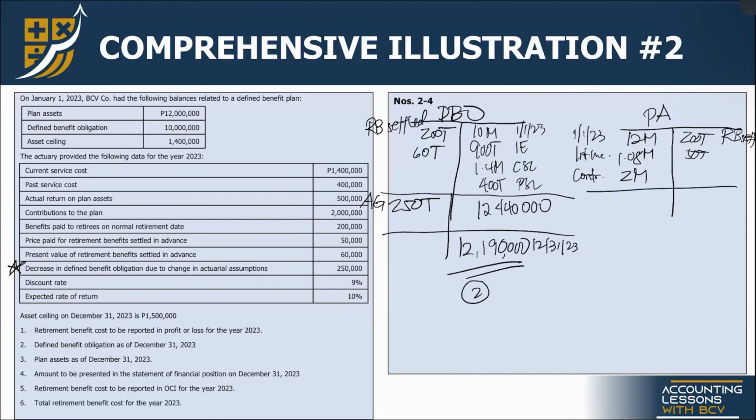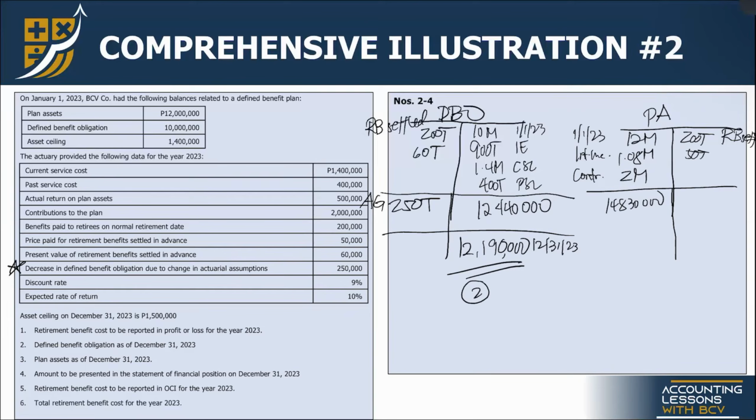Compute the unadjusted balance, please. Magkano? 14,830,000. Okay? May indicator ba tayo kung may gain or loss or actuarial gain or loss sa plan assets? Yes, may actual return ulit tayo. The actual return is 500,000, correct? Magkaning interest income? Mas mataas.